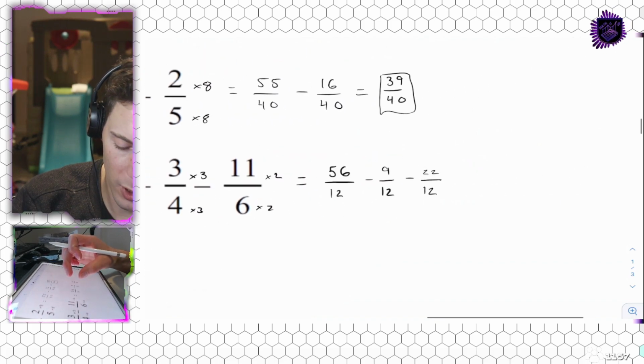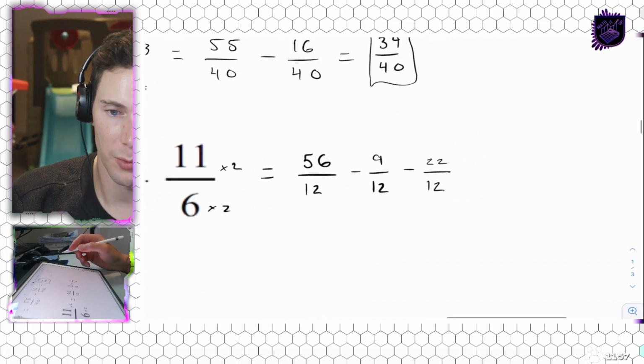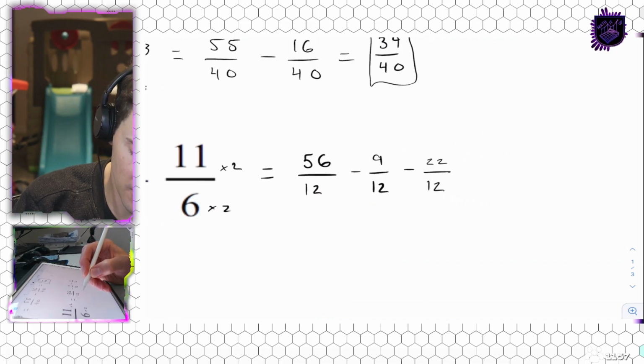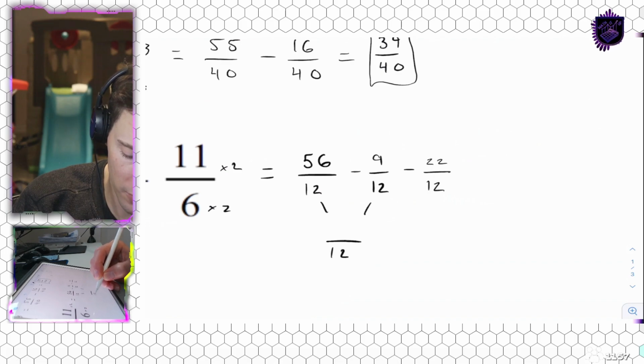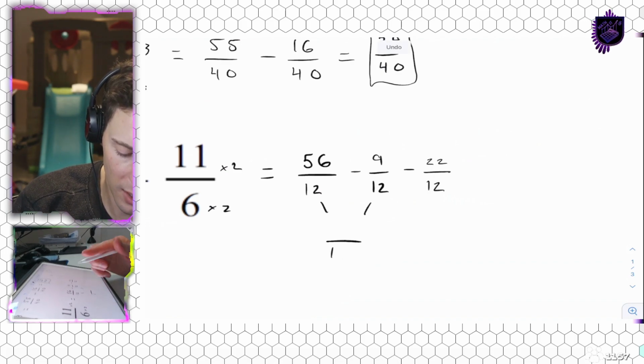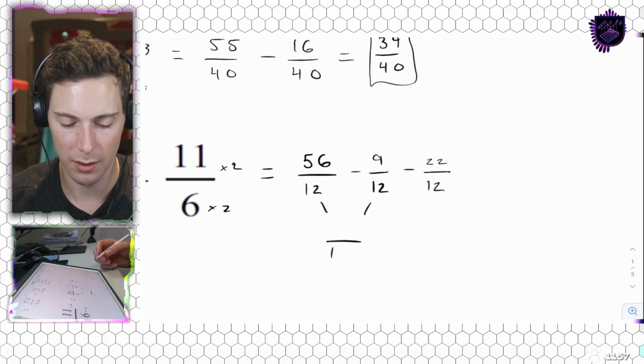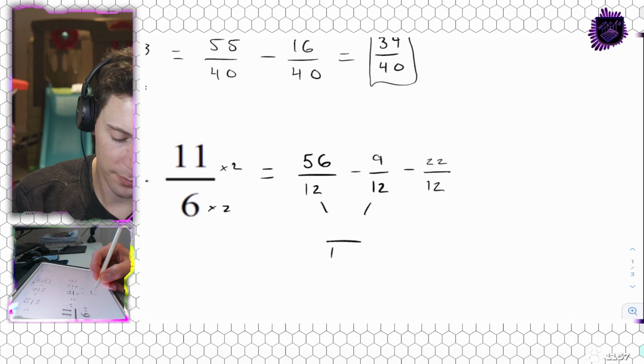Let's do this the same way, breaking it down in order of operations from left to right. First one will be something over 12, and it's going to be 56 minus 9.